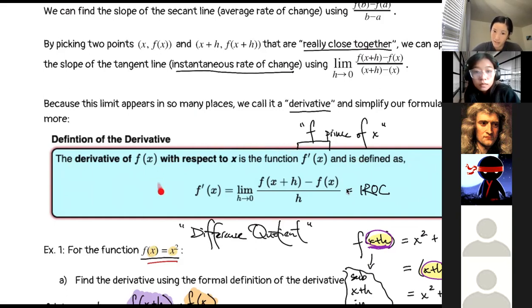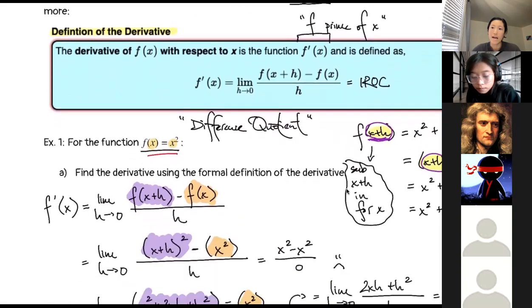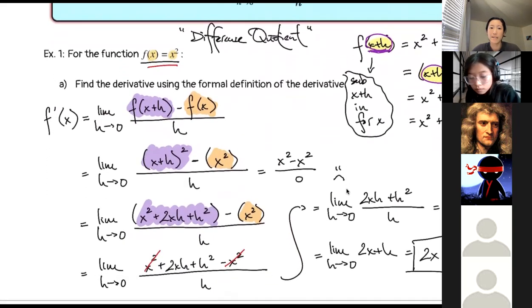So this definition right here, we called the instantaneous rate of change, but more specifically, we're going to see that called a lot as the derivative, okay? And all we did at the end of class was practice using this algebraic structure, this formula for the derivative.